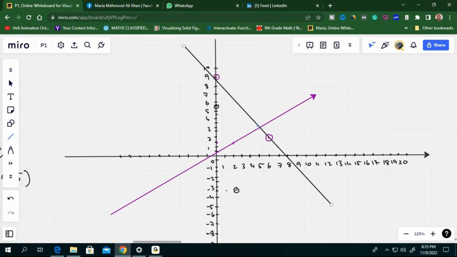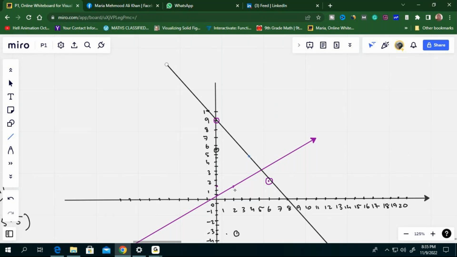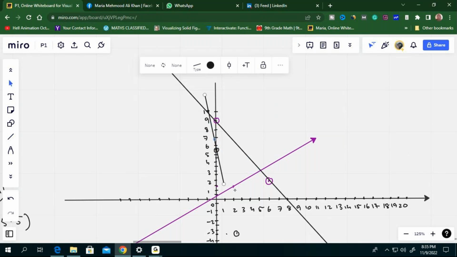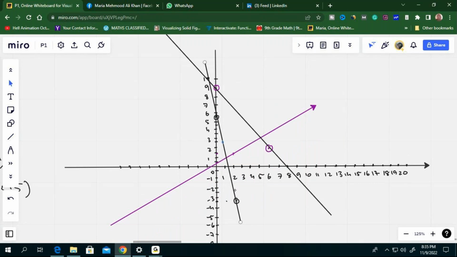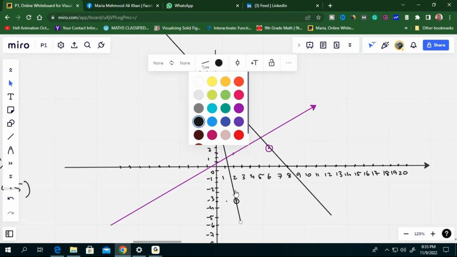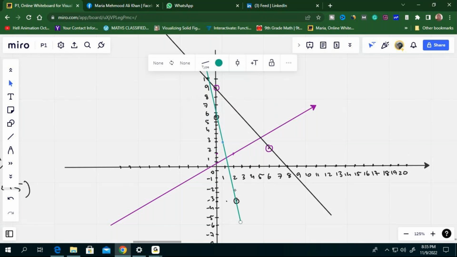I need to extend this previous line here a little, and then I'm going to join these 2 points. Okay, and I'm going to change the color to blue, and that's it.